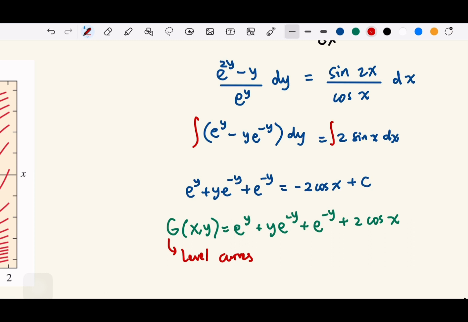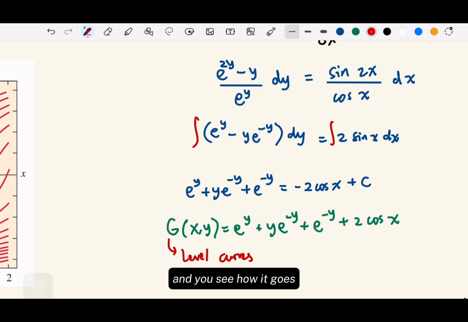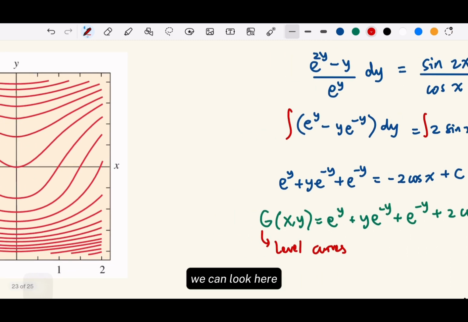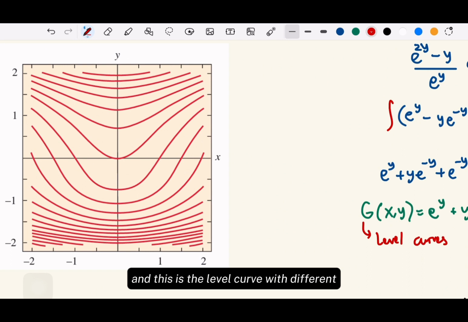Okay. So we could define our expressions become level curves, and you see how it goes. We can look here, and this is the level curve with different value of g. With different value of g, we can have this level curve.